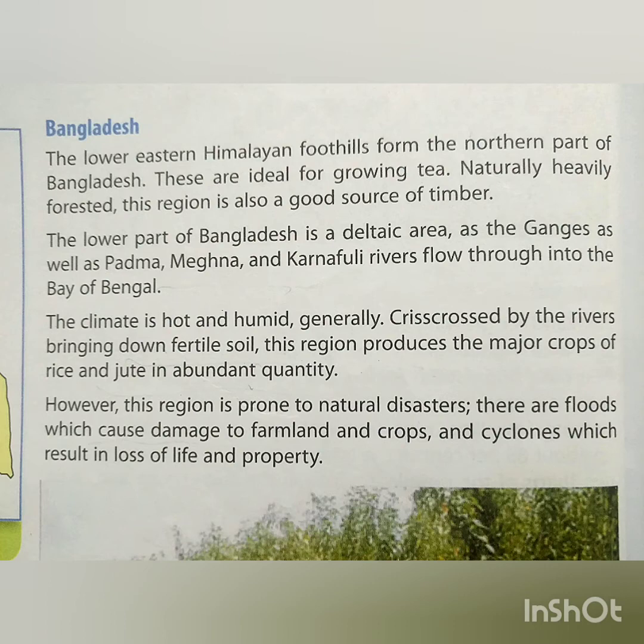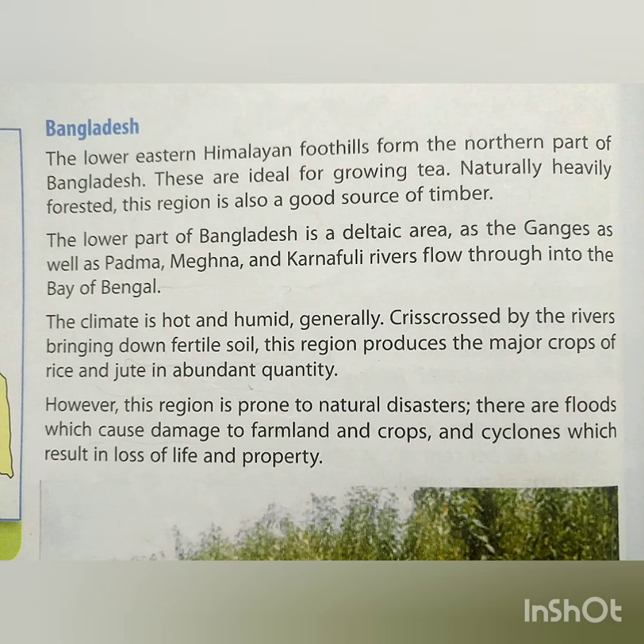Talking about Bangladesh, this area is also naturally heavily forested and is a good source of timber and for growing tea. The lower part consists of a deltaic area, and many rivers flow through it to the Bay of Bengal, such as the Ganges, Padma, Meghna, and Karnaphuli.